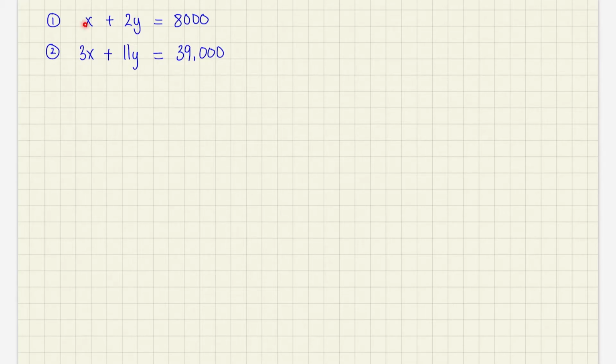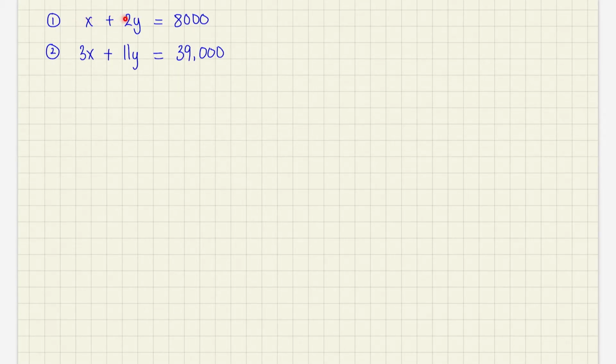So I have the system of 2 equations and 2 unknowns, and I want to solve for both x and y. I can use either substitution or addition method. I will use addition method in this case, and I want to eliminate x. In order to eliminate x, I need this coefficient to be -3.